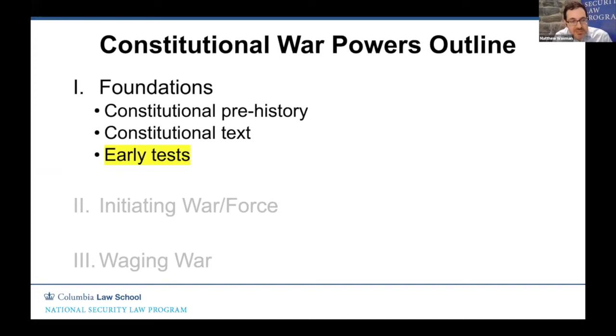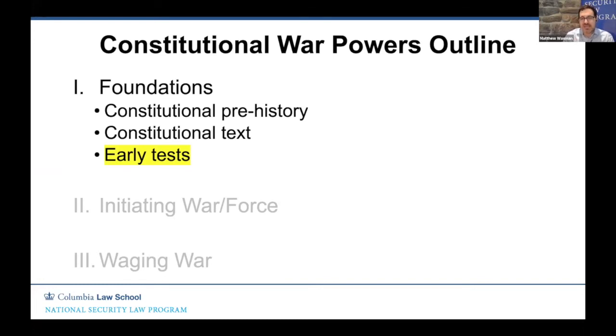Well, the constitutional war powers, I think, got off to a pretty rocky start as the United States encountered its first big security crises. Many of the key assumptions about war and the Constitution turned out to be flawed. Gaps in the Constitution were filled in ways that many of its architects failed to fully anticipate.